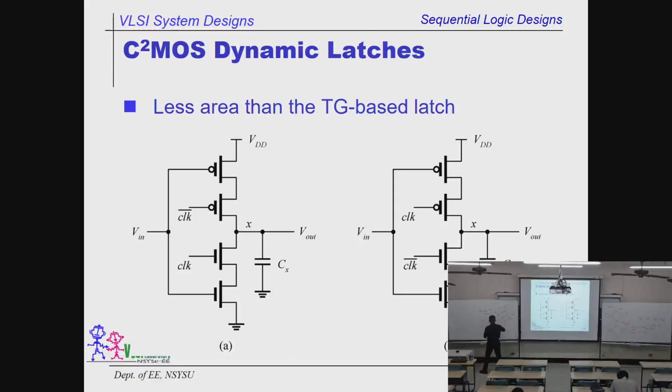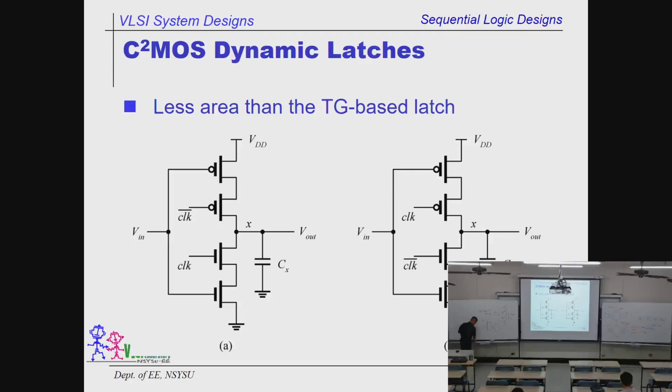If you connect two stages together, you might have a risk that in this period of time, both of the transistors are on. Then you might kill the data. So this is why it's kind of risky.